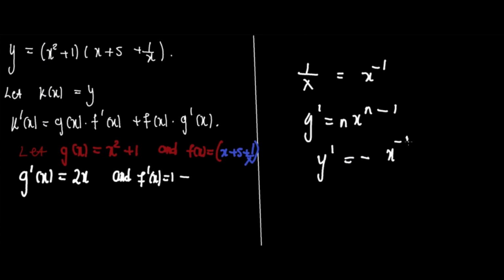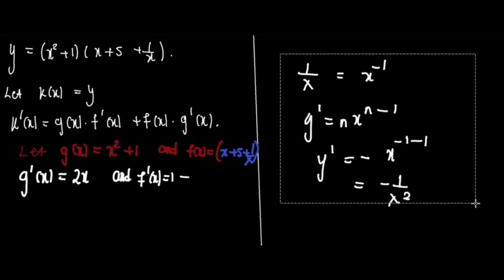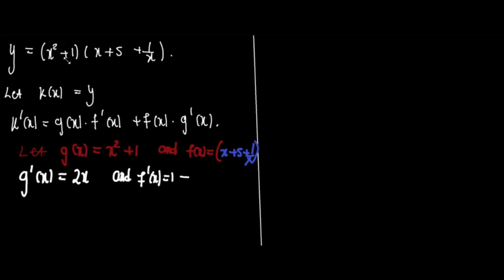So it will become minus 1 over x squared. So this one will be minus 1 over x squared.